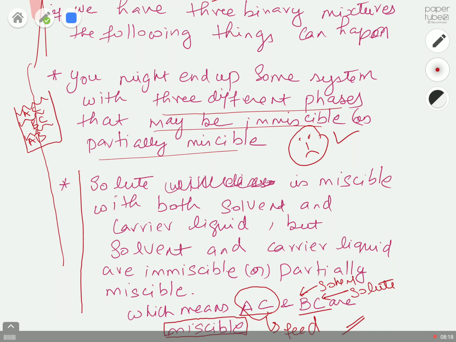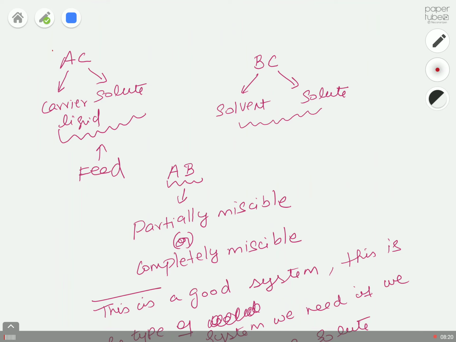I try to show that in a diagram so that you can easily follow. So AC and BC: A is your carrier liquid, C is your solute, B is your solvent, C is your solute, and this is nothing but your feed mixture.